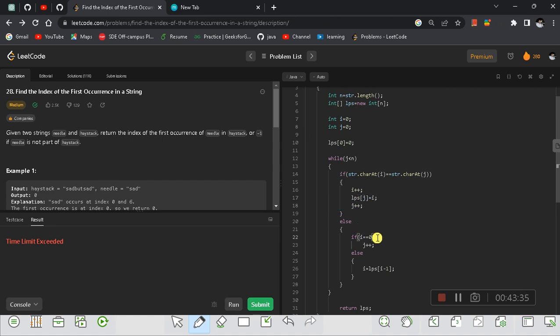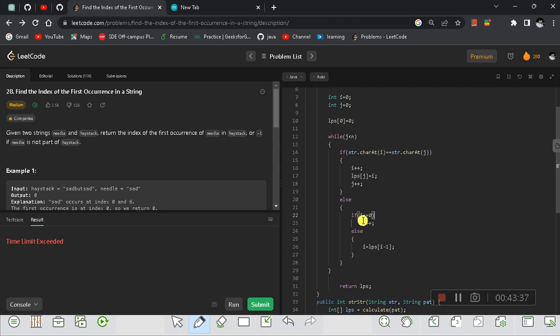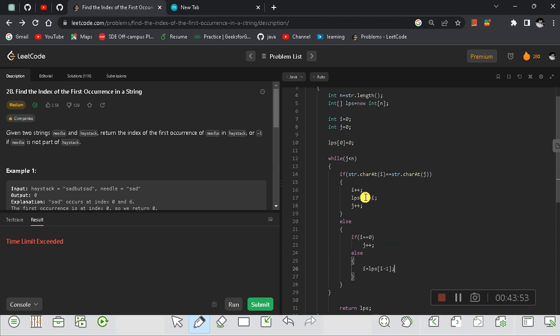Else, if my i is equal to 0, then I do j plus plus, and else I do i equals LPS of i minus 1. Then why is it showing time limit exceeded?